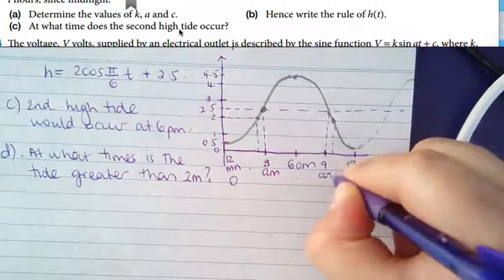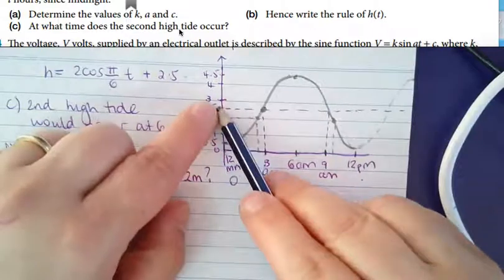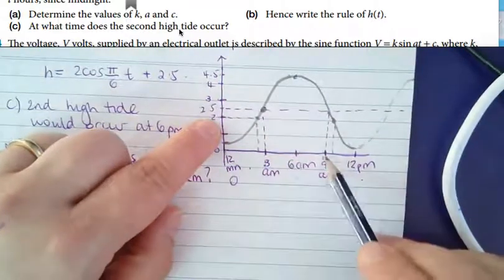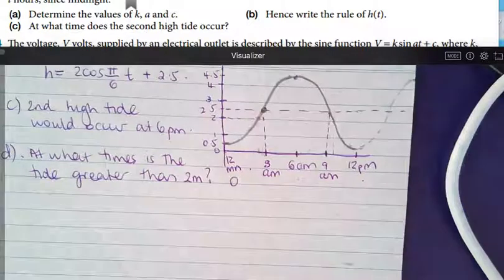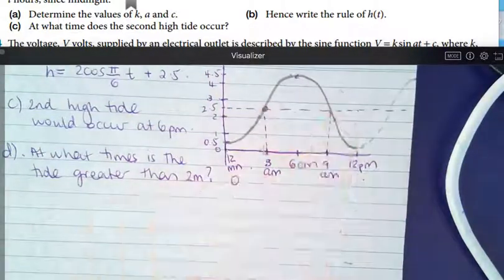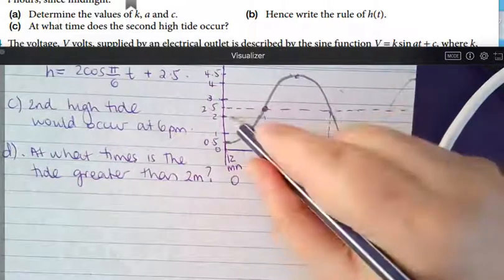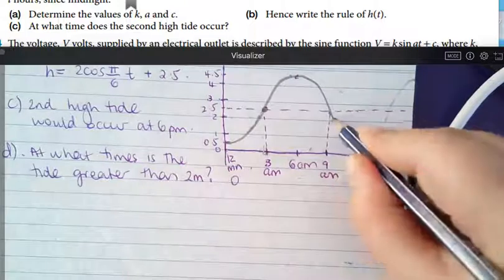So if I'm asking you when is the tide 2, that's lower than the 2.5, so it's going to be before 3 and a bit after 9, if you were to read it off the graph. I know that the tide will be 2.5 meters high at 3 a.m. and at 9 a.m. So the times when it's 2 meters are going to be before 3 and a bit after 9.